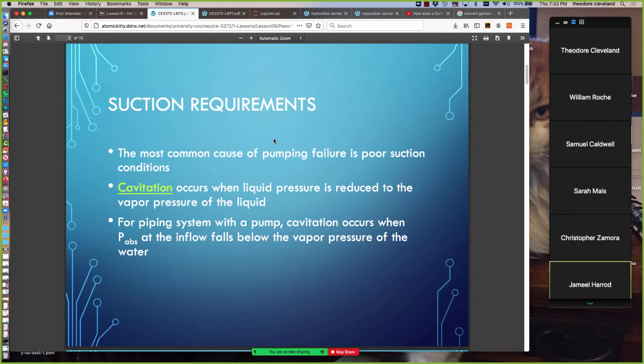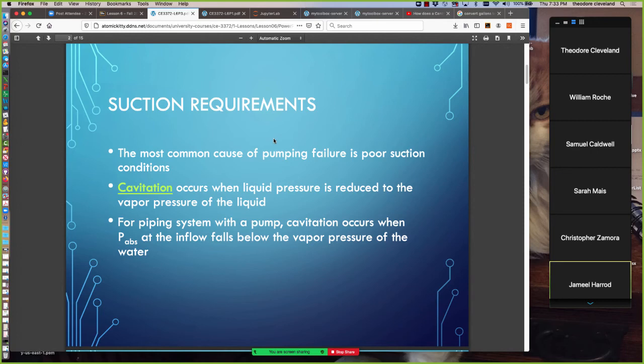Cavitation, we saw in the video, occurs when the liquid pressure goes below the vapor pressure of the liquid, creates small bubbles which collapse upon themselves, releasing a great deal of energy, and they actually can break little pieces of metal off the impeller, and if they do it long enough, they can turn the impeller into a porous-looking cheese-like substance. Doesn't impel very good at that point.